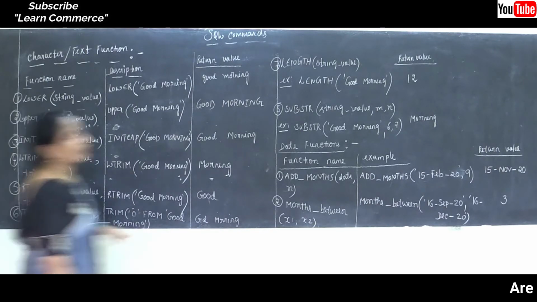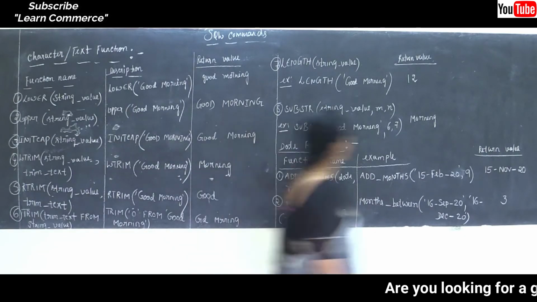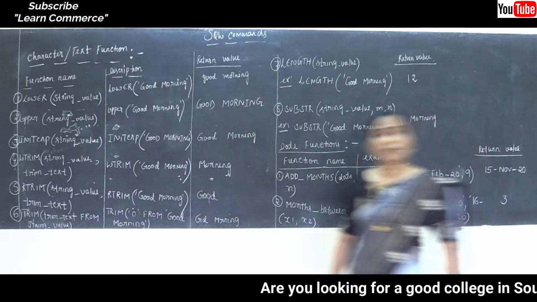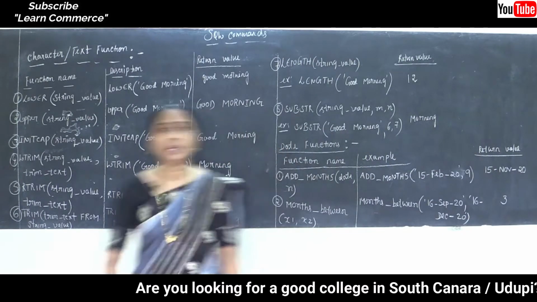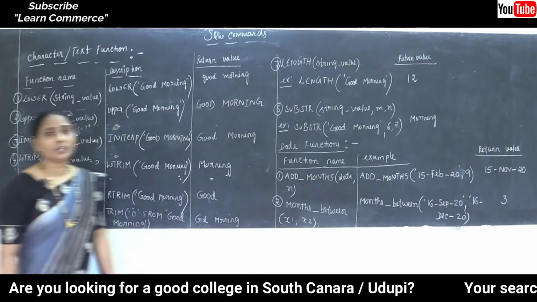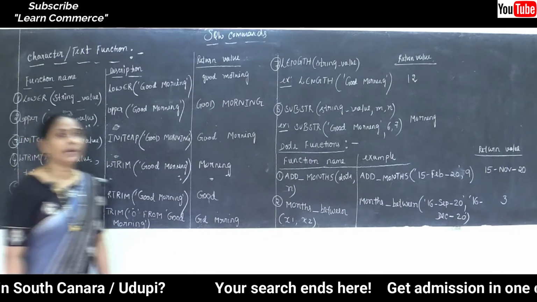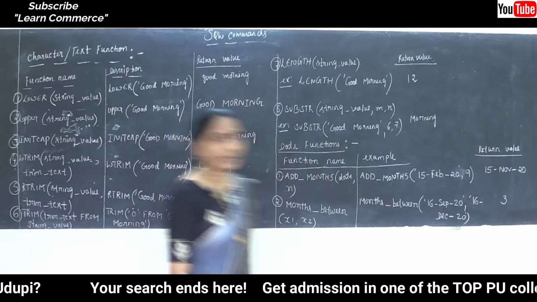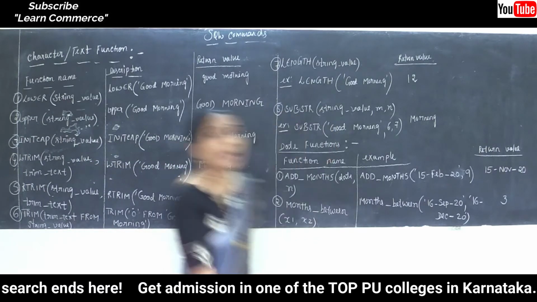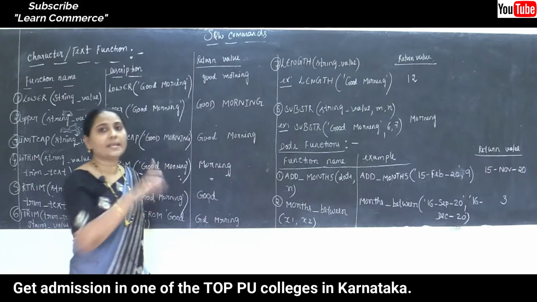After completing that, the next function name is LEN(string_value). Why are we using the length function? The length function returns the number of characters in string_value. How many characters are there? It is going to return the count including spaces. Clear this point?